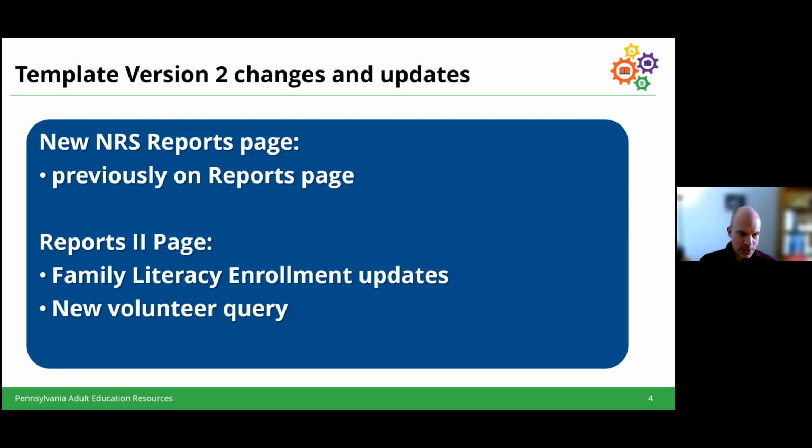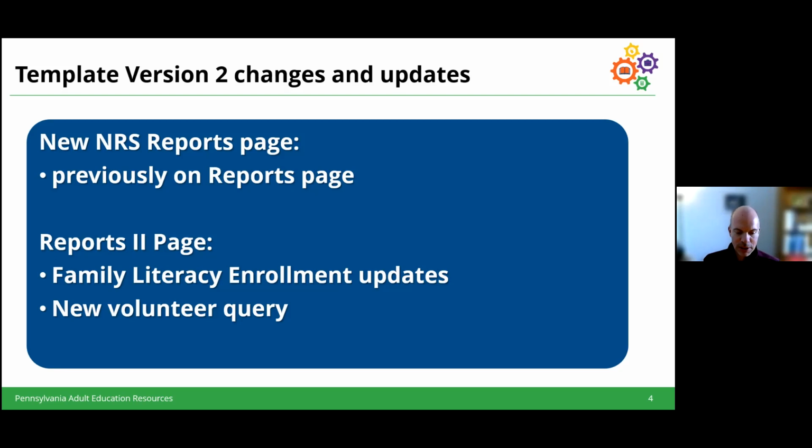After that, there's the Reports 2 page. That's a new page that we added last year. Steve added some items on that, and we continue to build on it. Those of you that have family literacy programming will know that the new family literacy enrollment reports are on that page.